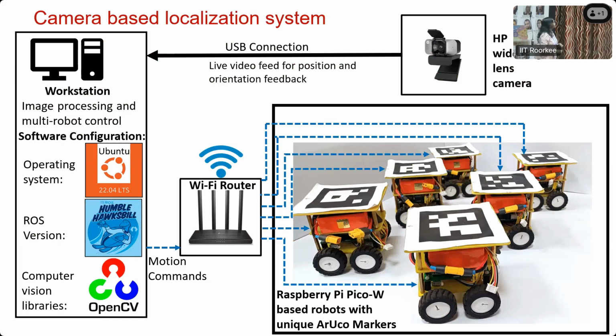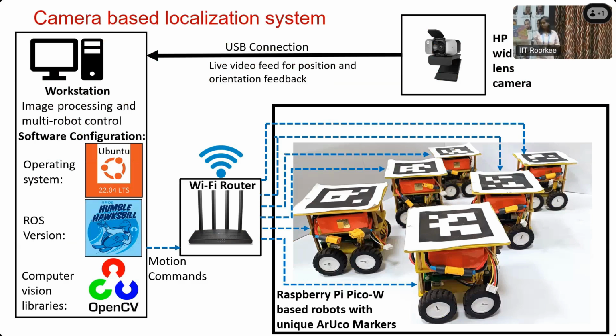The operating system is Ubuntu, and we are using the ROS Humble Hawksbill version. Using the computer vision library OpenCV, we do the image processing, which takes these ArUco markers and gives the position of each robot in the localization system. The camera is connected to the workstation using USB, and it takes the video information. Using this image processing code, we are able to send the data back to the robots.